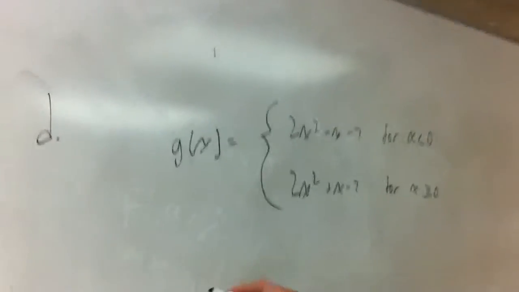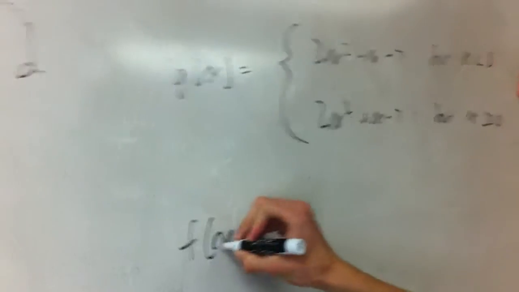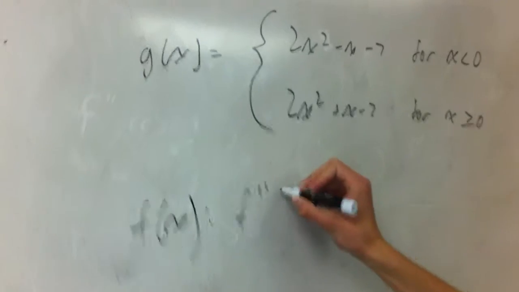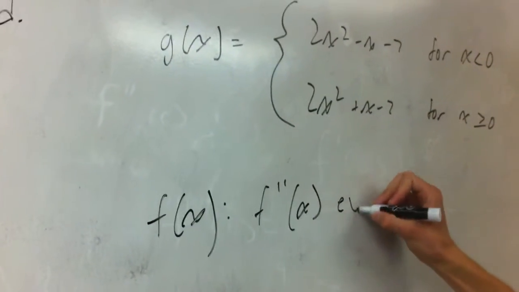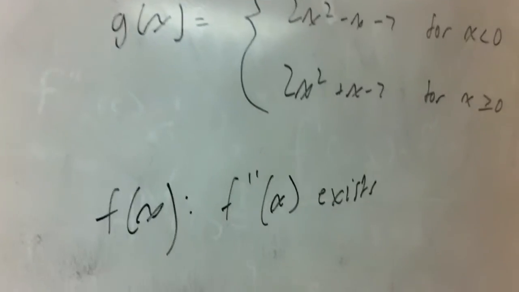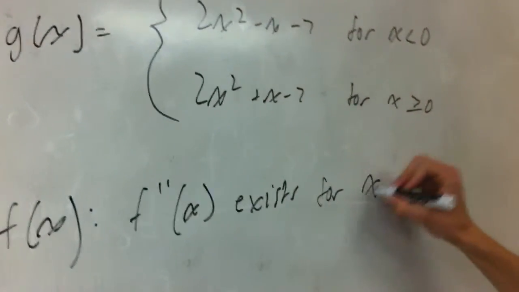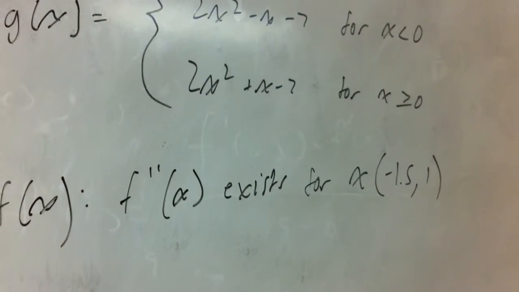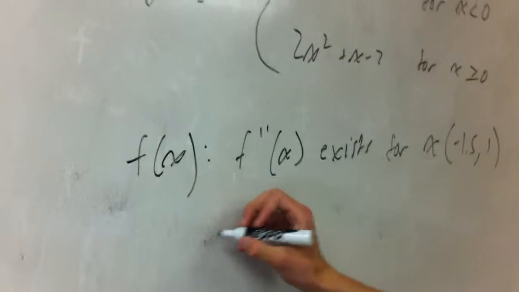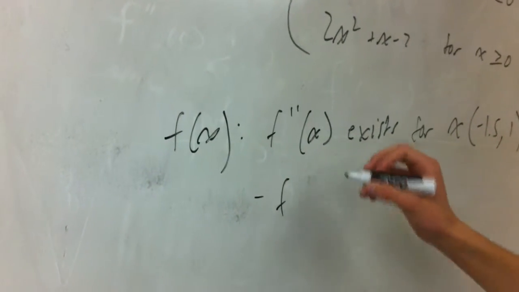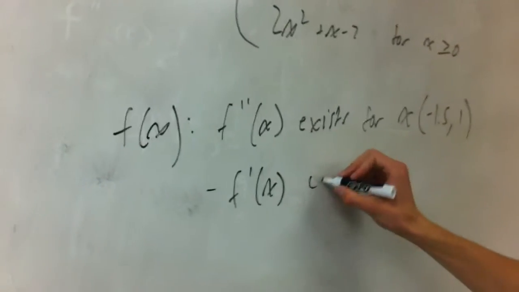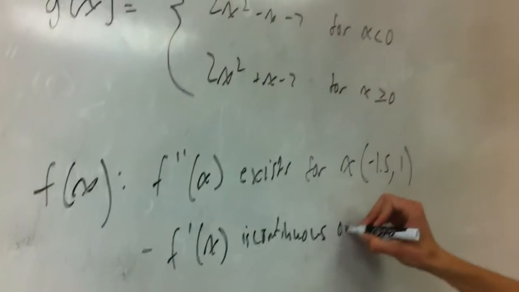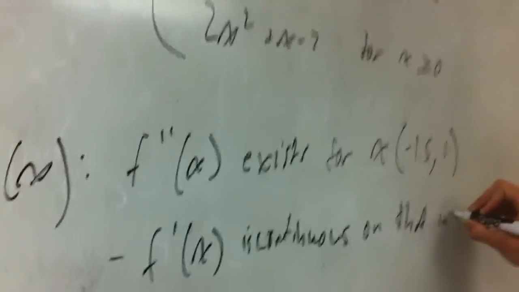So to do that, we start with f of x, and because f double prime of x exists on the interval negative 1.5 to 1, we know that f prime of x is continuous on that interval.